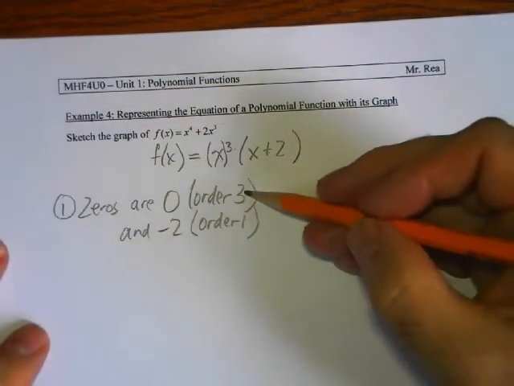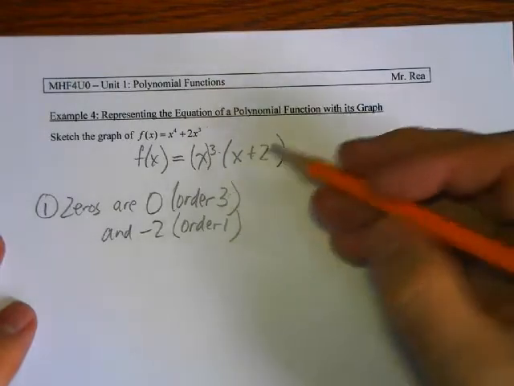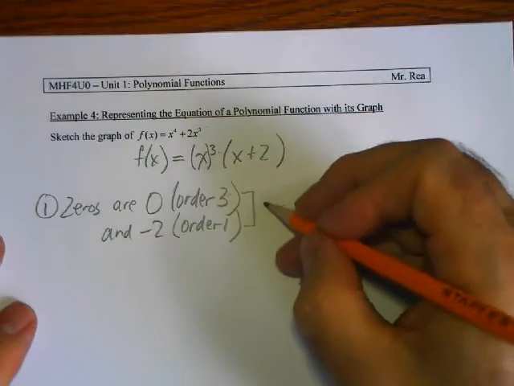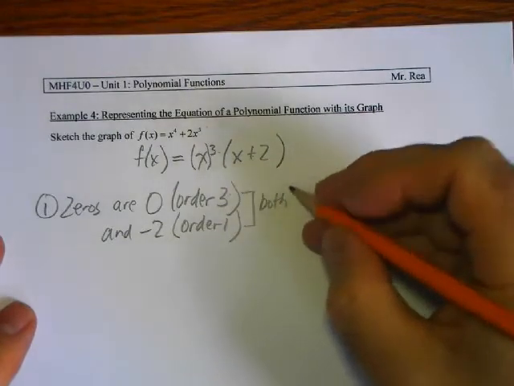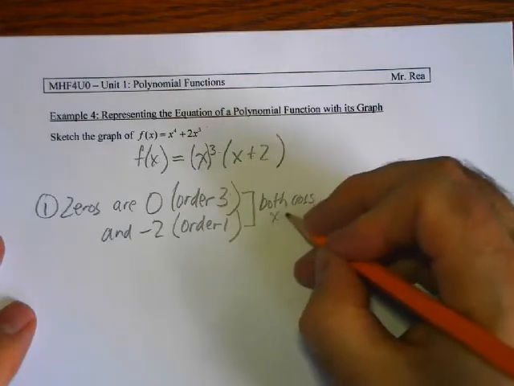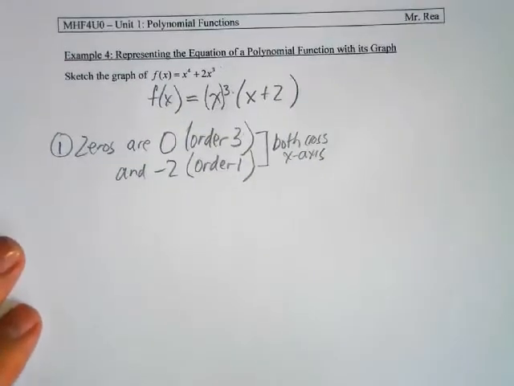Okay, so these are both odd orders. They're not the same order, but they're both odd. So that tells me that they both cross the x-axis. They both cross the x-axis. That's going to be helpful when we do our sketch.